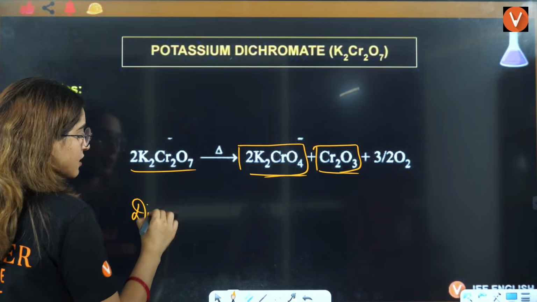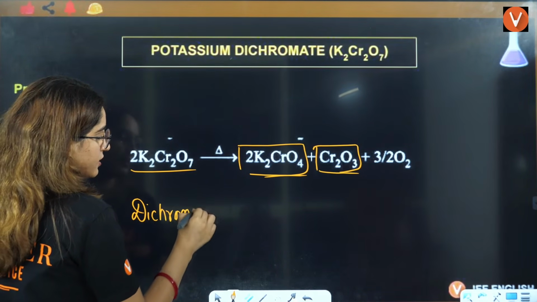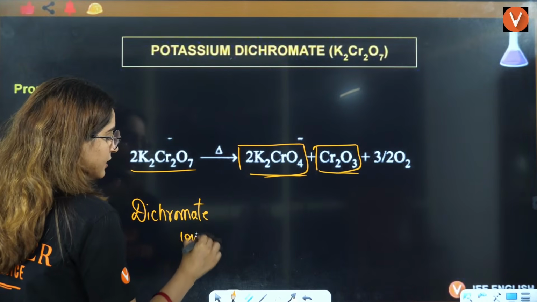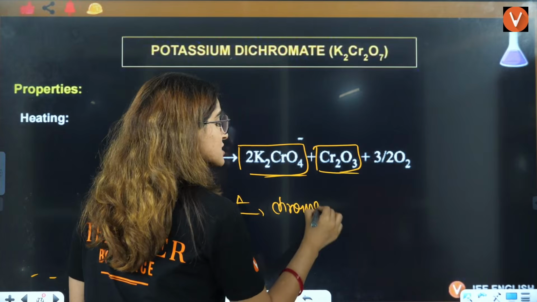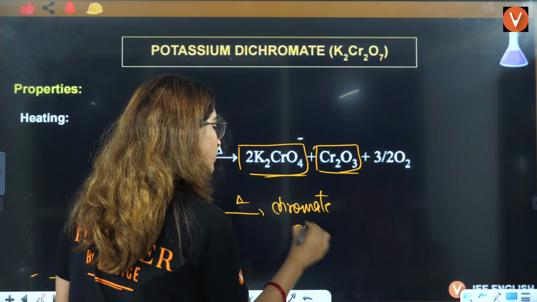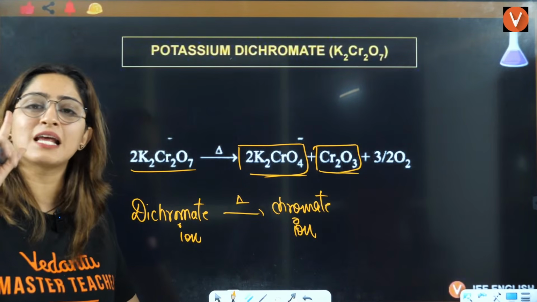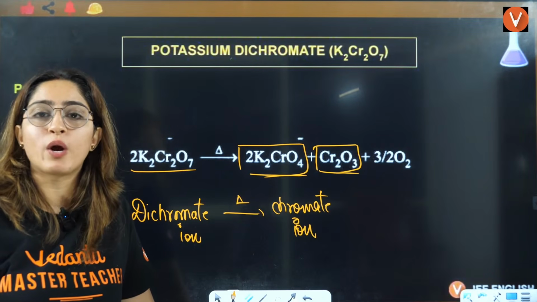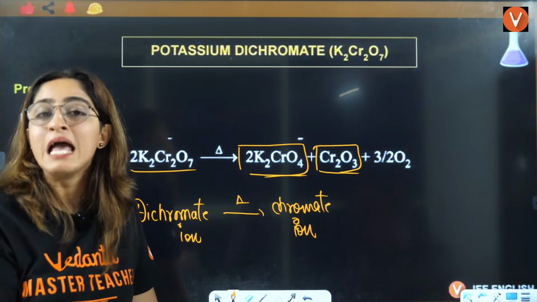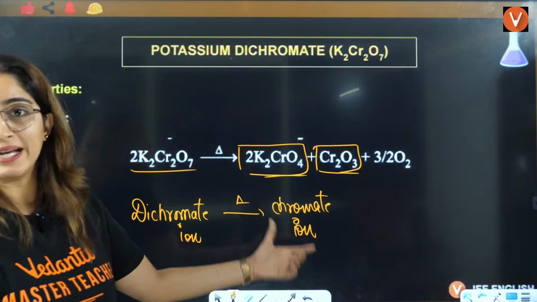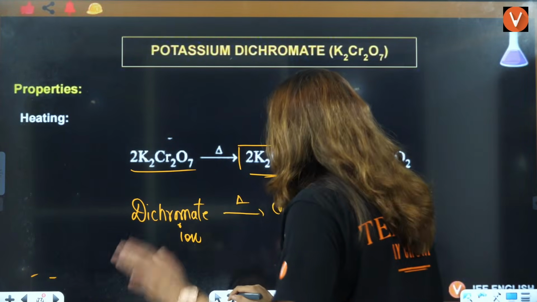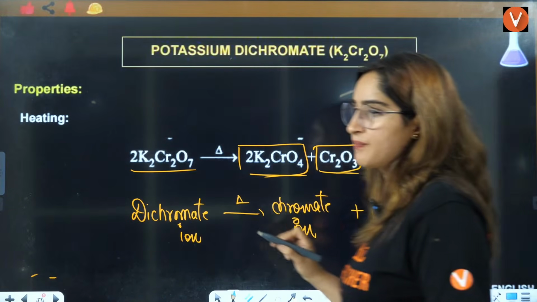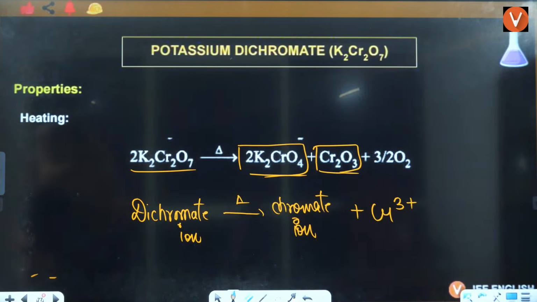Dichromate ion is directly decomposed on heating to chromate. I'm giving you this so that you can remember it for your exam: just like potassium permanganate was converted to manganate and MnO₂, here it is converted to chromate ion and Cr³⁺. This is the easy way of remembering this, right? Okay.